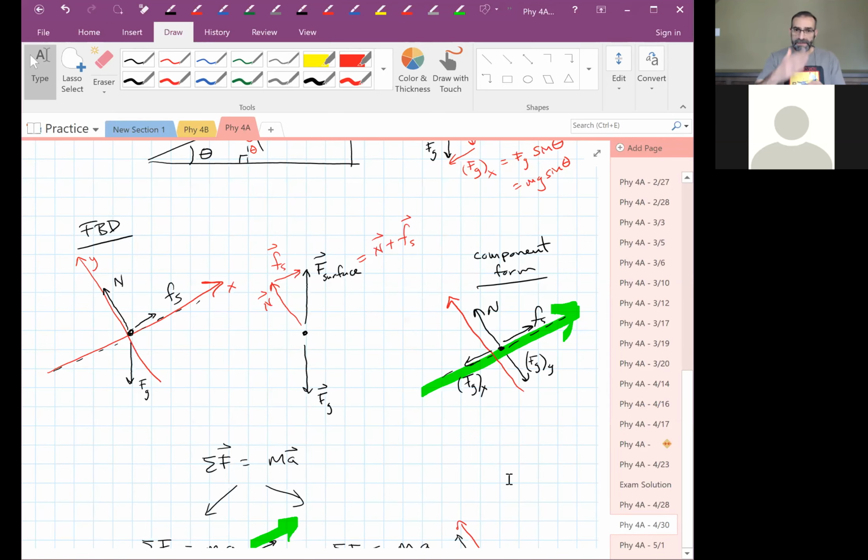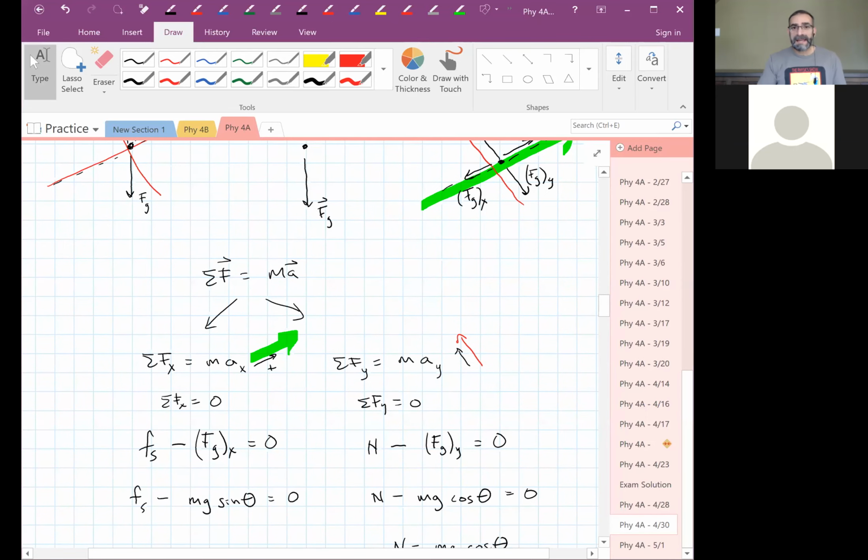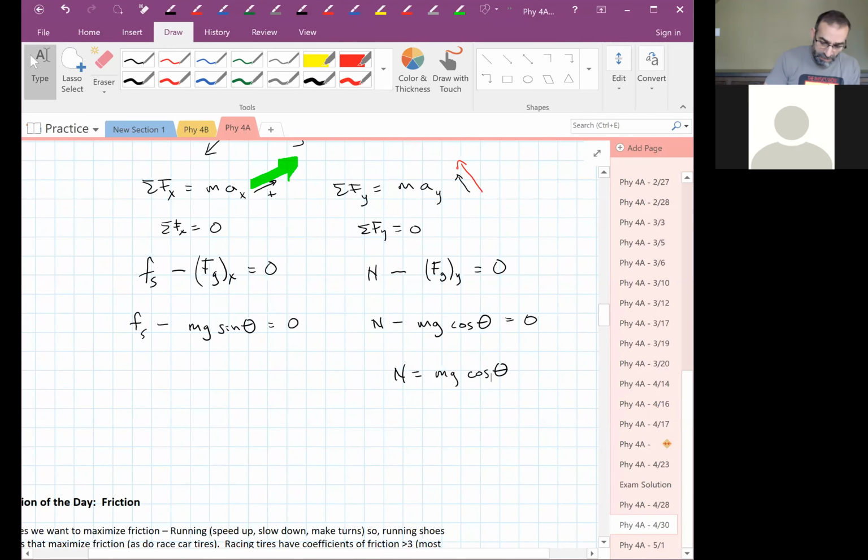Why do we do this perpendicular direction? To find the normal force. Why do we need the normal force? Because we have friction in our system. Friction depends on normal force. So this gives us the normal force. Then we plug that in. If we knew the box was sliding, we could plug that in for kinetic friction. If we knew that the box was just at its maximum static friction point, we could find theta maybe, the maximum angle we could get if we were given the static friction force, then we could plug it in.